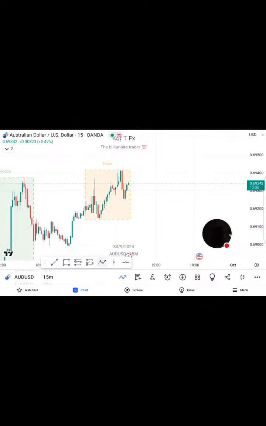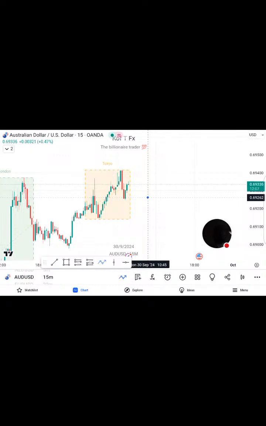Then I got to understand that there is a need to include inducements in the entry criteria. Just like Dark said, when you have a protected low without an inducement, there is tendency for price to take out the low as a liquidity before moving in the actual direction.